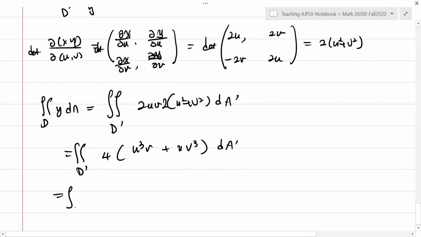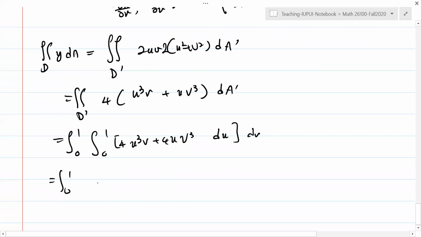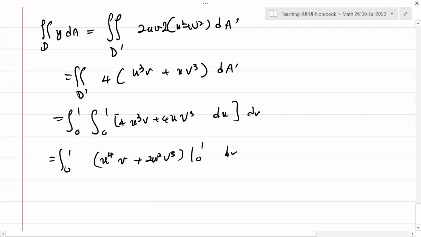Then this is a unit square, right? So it doesn't matter which one is first. You can say u first and v second, that's fine. So then you evaluate this, find the antiderivative with respect to u. So it's u to the fourth power v plus 2u squared v cubed. Evaluate the two endpoints, and you will get v and 2v cubed.